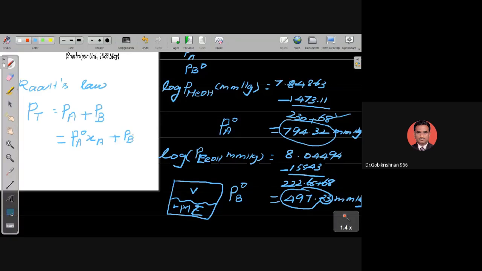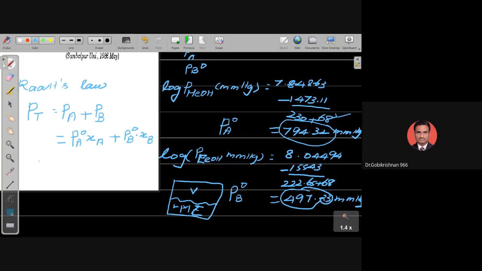Here XA is the mole fraction of the methyl alcohol and XB is the mole fraction of the ethyl alcohol. In our case we have only two components, a binary system, only A and B.